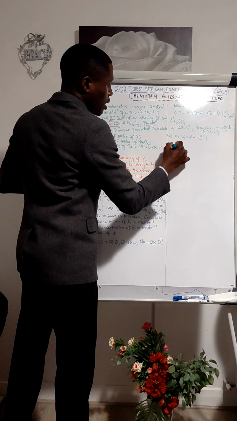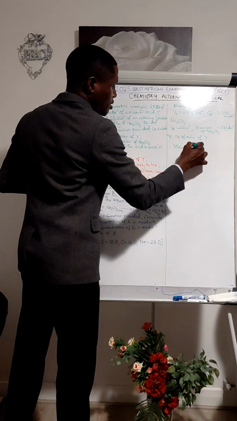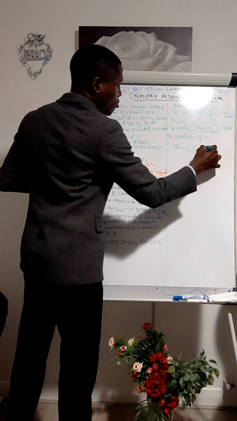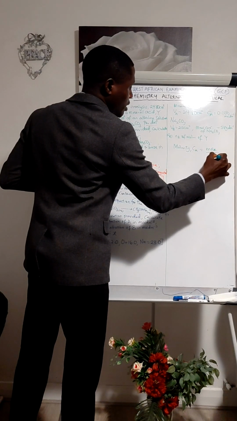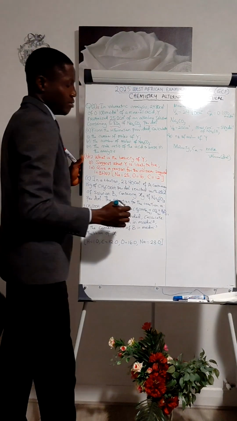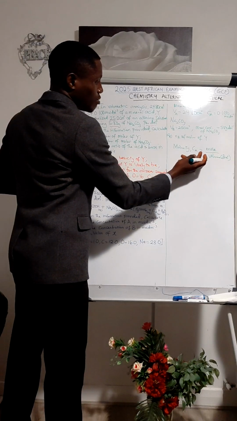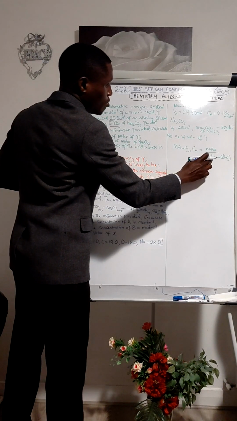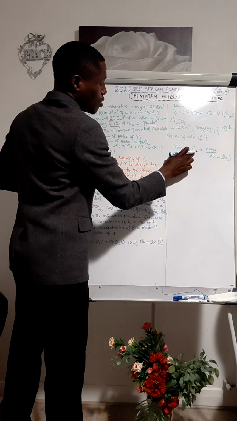Note that molarity is moles over volume, usually in dm cube. The volume is always in dm cube. So to get the mole, you just have to do cross multiplication: volume multiplied by the concentration to get your mole.